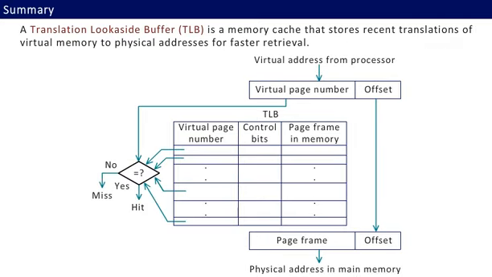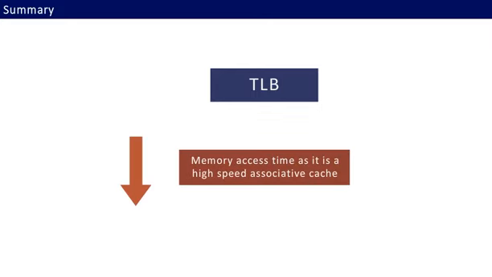A Translation Lookaside Buffer, that is, TLB, is a memory cache that stores recent translations of virtual memory to physical addresses for faster retrieval. TLB is used to reduce memory access time as it is a high-speed associative cache.